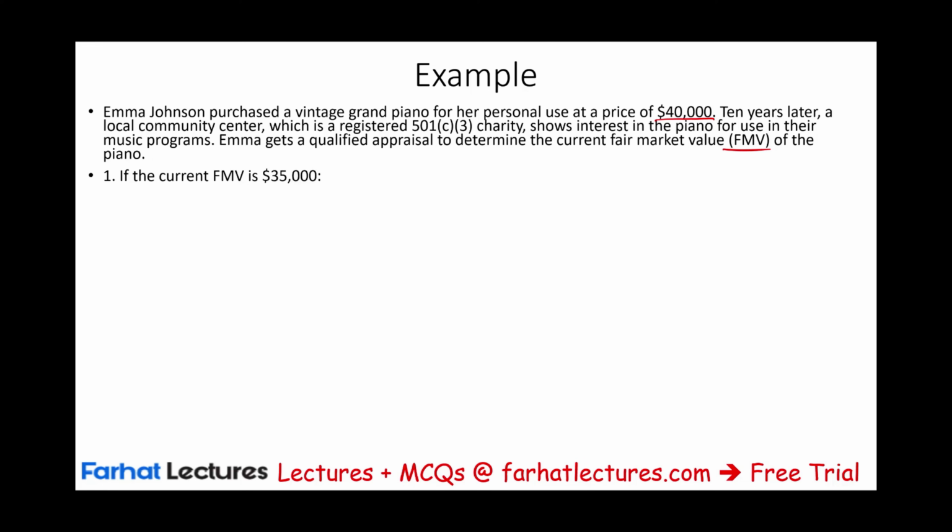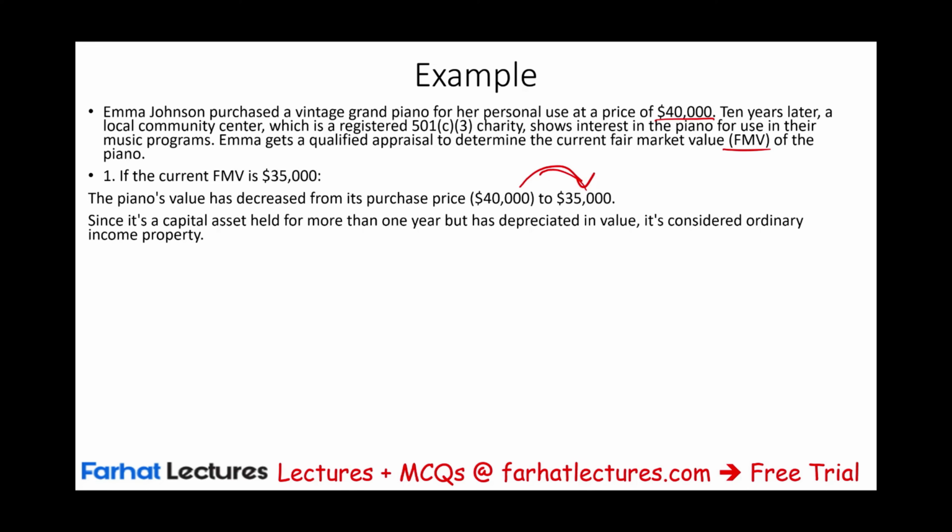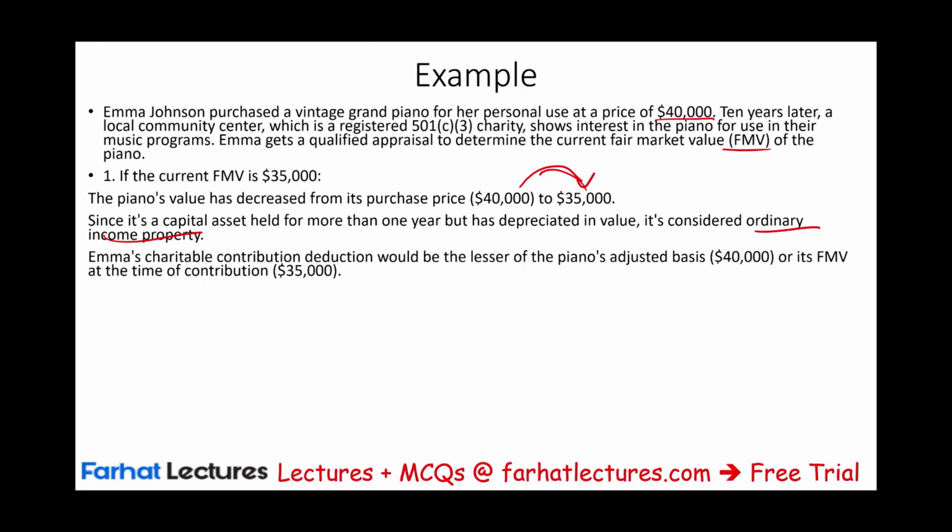If the value of this piano is $35,000, well, the piano value has decreased from $40,000 to $35,000. There's a decrease. Since it's a capital asset held for more than a year, it's considered what? Ordinary income property. Therefore, how much would she take? She would take the lower of basis or fair market value, which is $35,000.